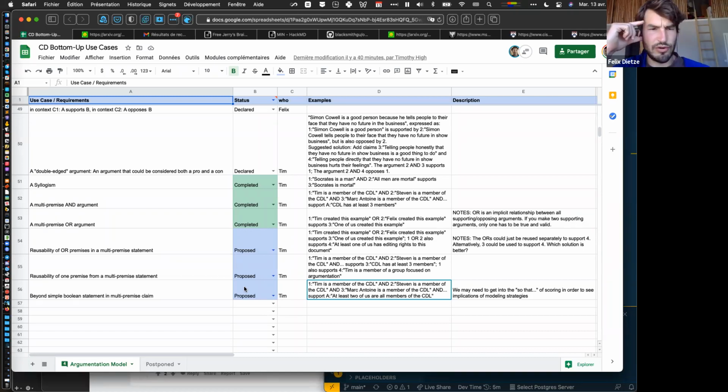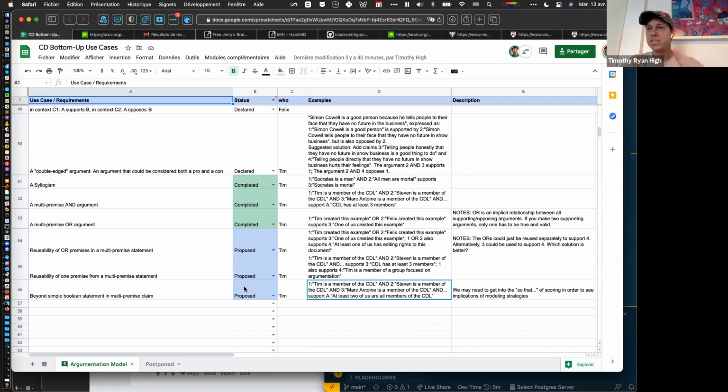How did we model the or before, like 53? We didn't, because what we realized is that it's an implicit or. If I create 2 separate arguments that ice cream is good, and I say it's good because it makes people happy, and then I say it's good because it increases your blood sugar level, whatever, it's nutritious, right?